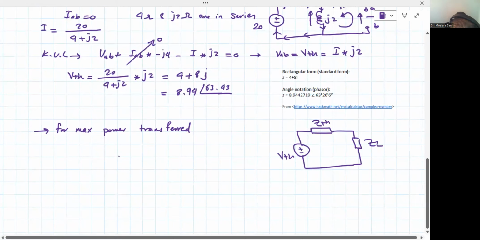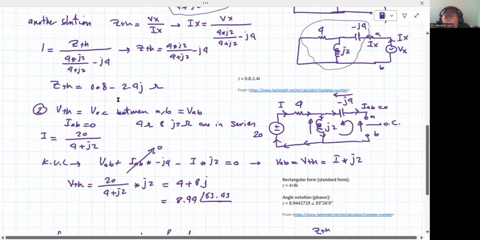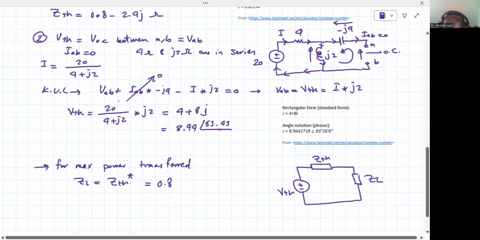For maximum power transfer, Z load must be equal to Z Thevenin conjugate. So it will be equal to 0.8, then plus the conjugate, you flip the sign of the imaginary part, 2.4j.